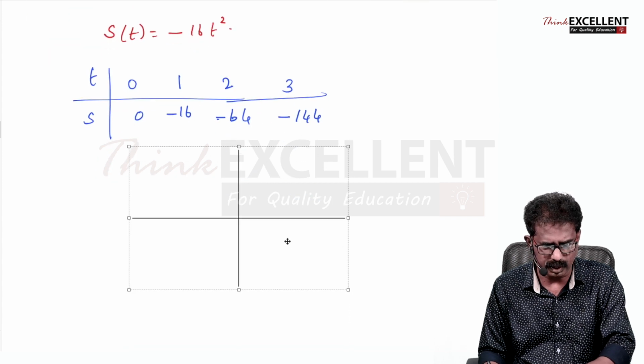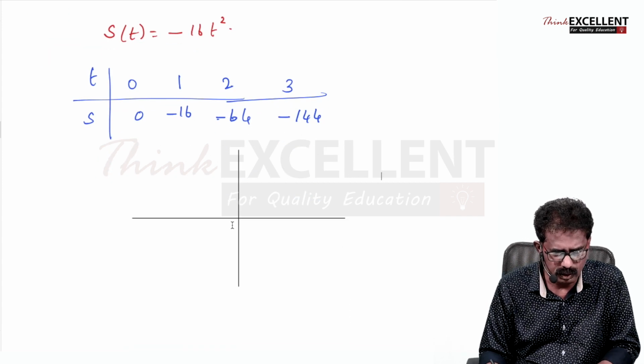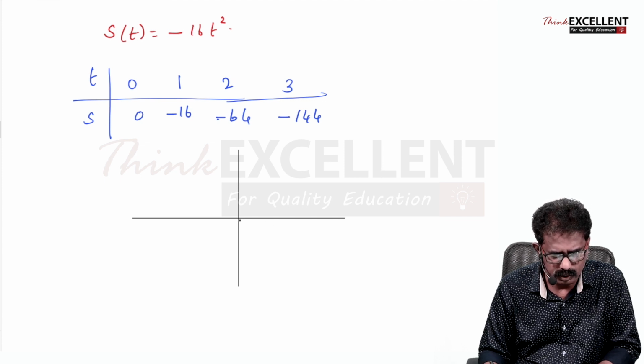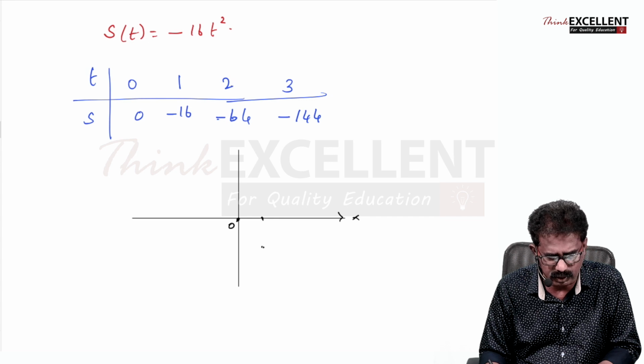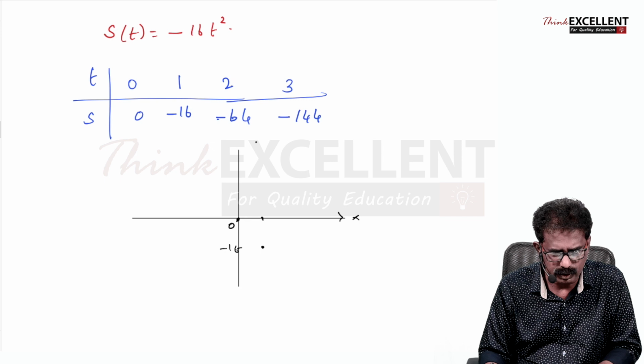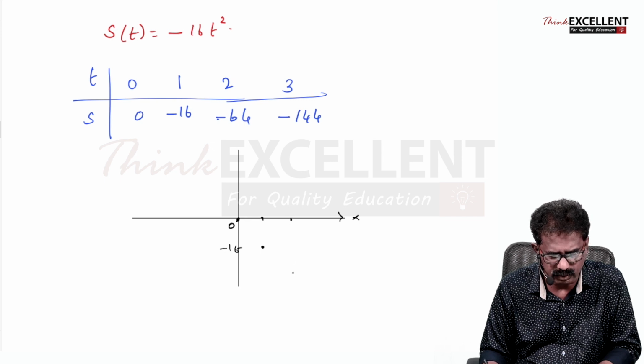So roughly plot the points. The first point is 0, 0. Then 1, -16. When you take 1, here -16, somewhere in the fourth quadrant, right? Then 2, -64.